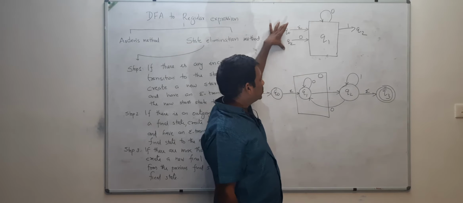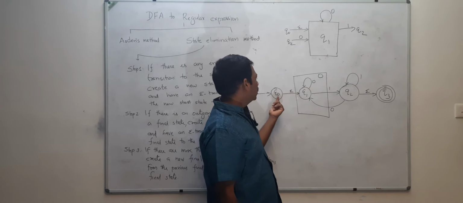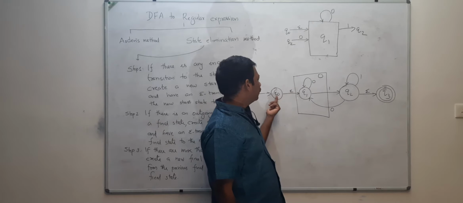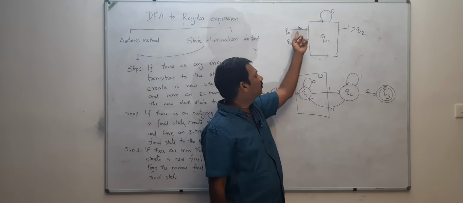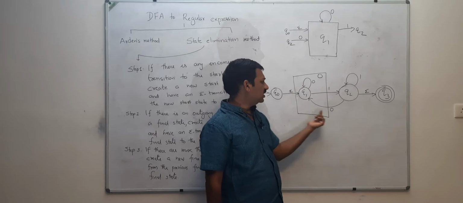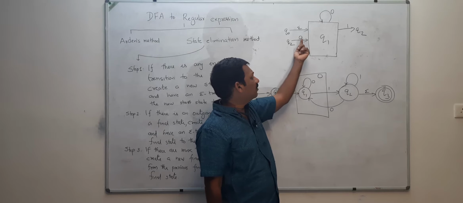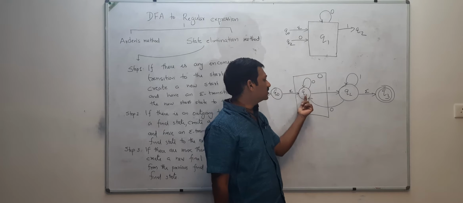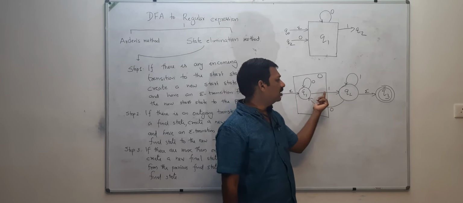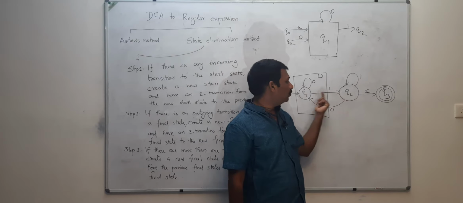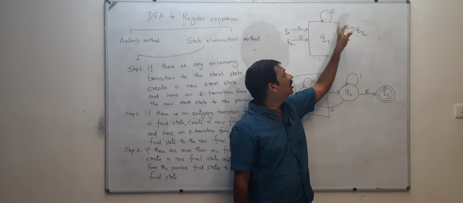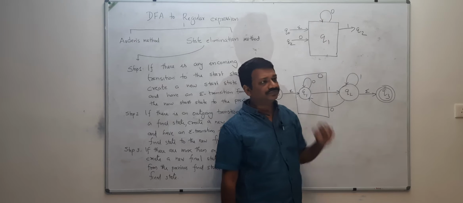The incoming transitions are epsilon from Q0 and 0 from Q2, and there is an outgoing transition labeled 1 from Q1 to Q2. That is this one, and you have a self loop.